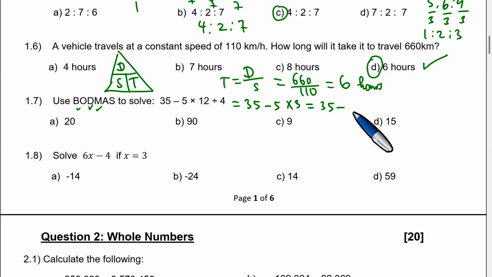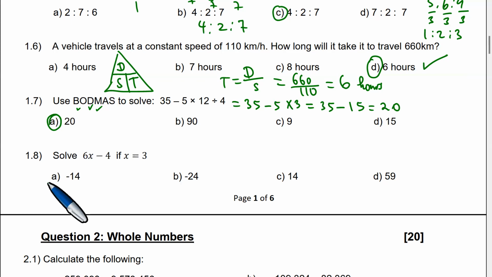What is 5 by 3? 15. What is 35 minus 15? 20. So the correct answer is 20.